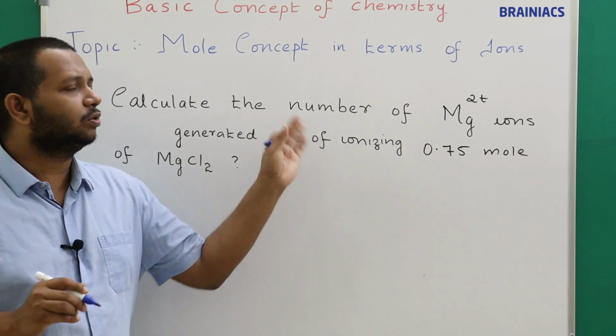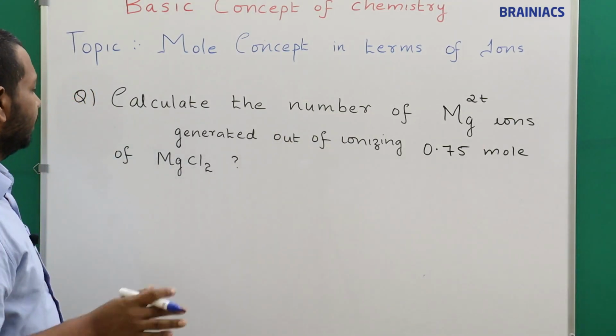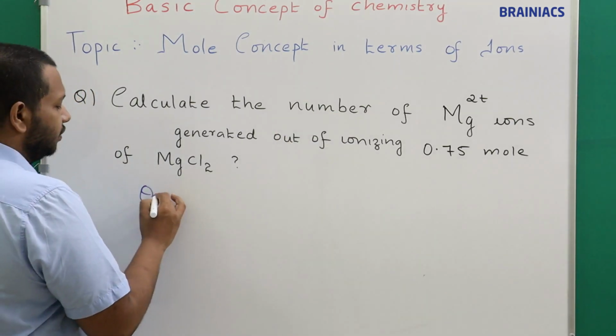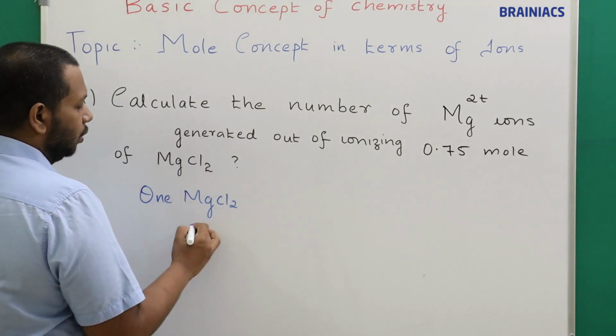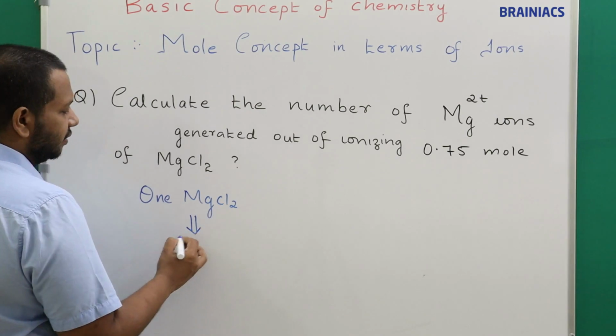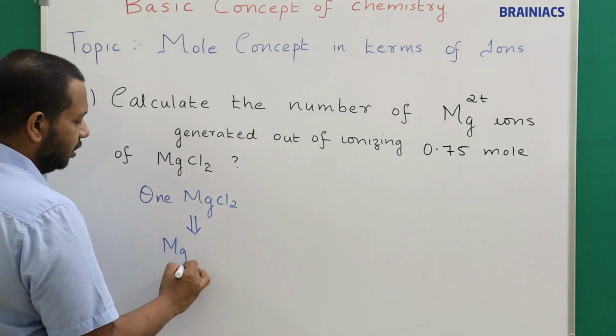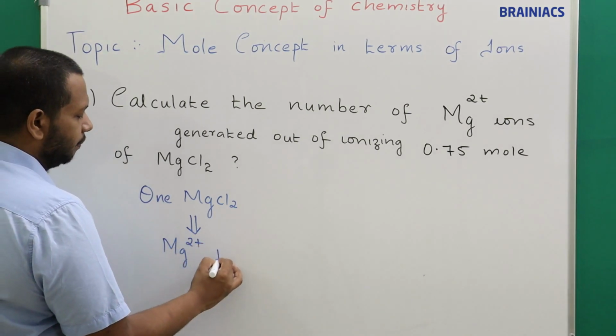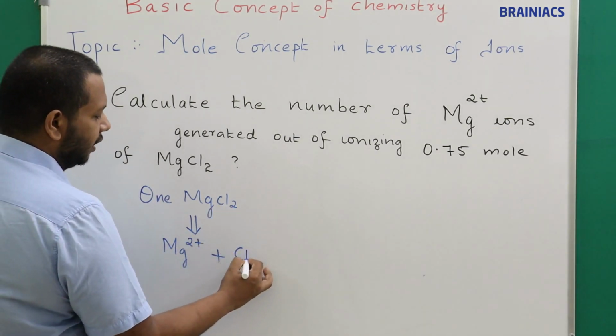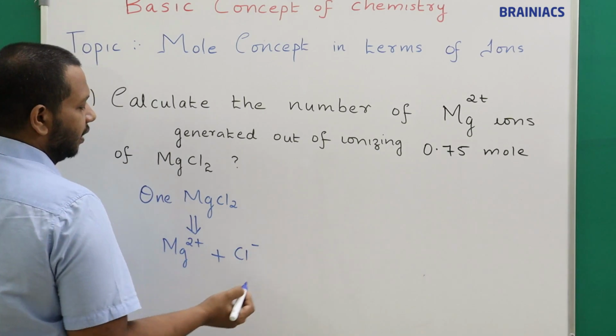They are asking me Mg2+ ions. So I will start with 1 MgCl2. That is always my concept. So 1 MgCl2 will ionize as Mg2+ and Cl-.